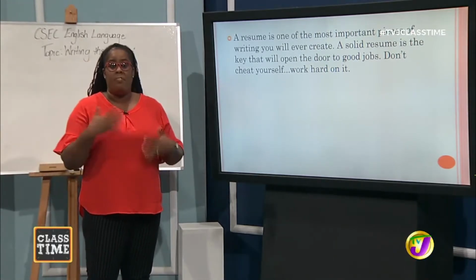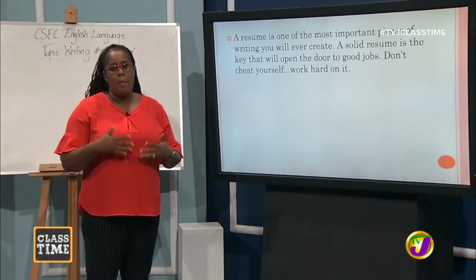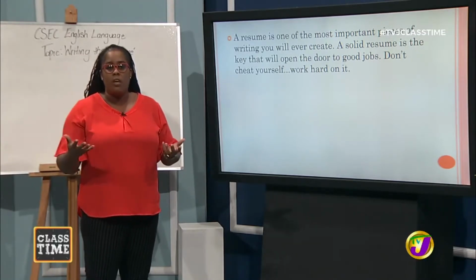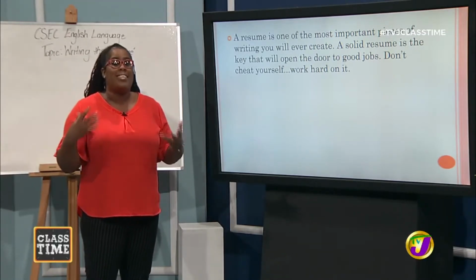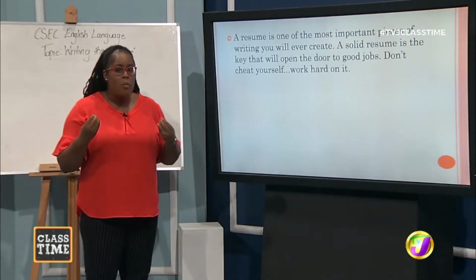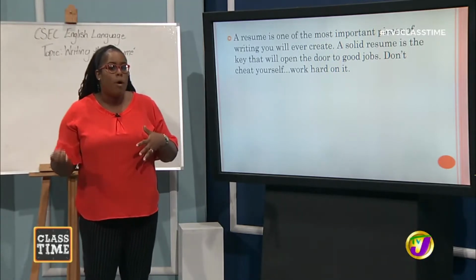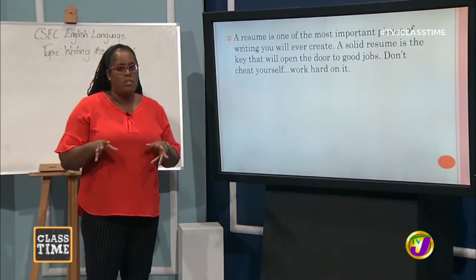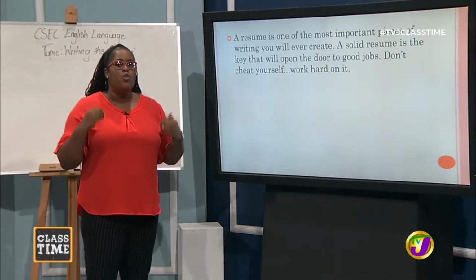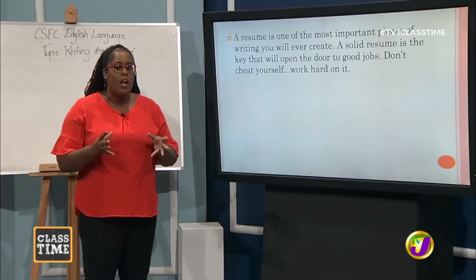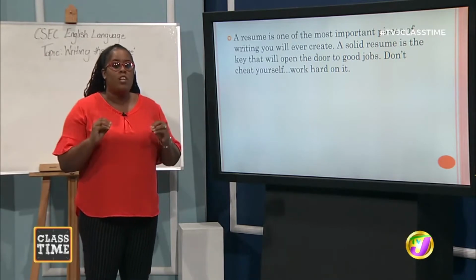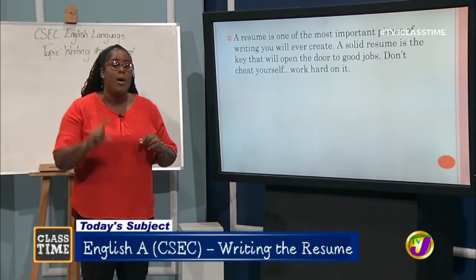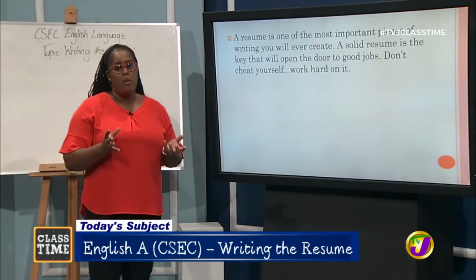So say, for example, 500 applicants applied, or 1,000. And they only want 10, right? Can you imagine, out of that large number, they only want 10 persons to be interviewed? You have to create your application letter and your resume in such a way that you are among the 10. That is very, very important, right?